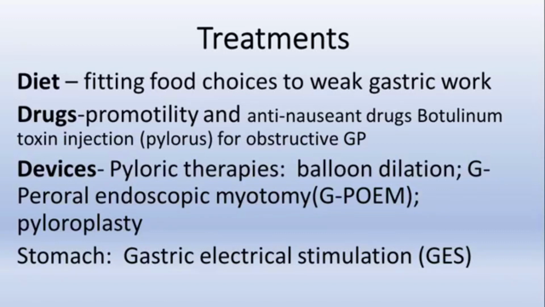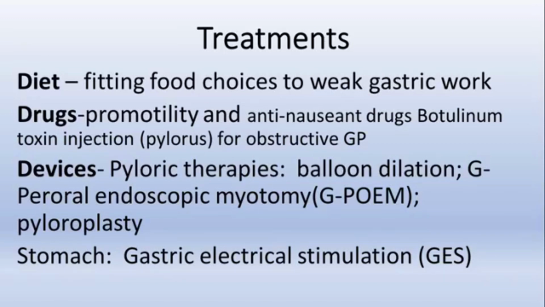Devices. So the devices I've broken down here. There are devices to work on the pylorus. If it's in spasm, it doesn't distend. We can put a balloon in there and dilate. And then what is becoming a very intense area is the so-called G-POEM, or really a peroral endoscopic myotomy of the pylorus.